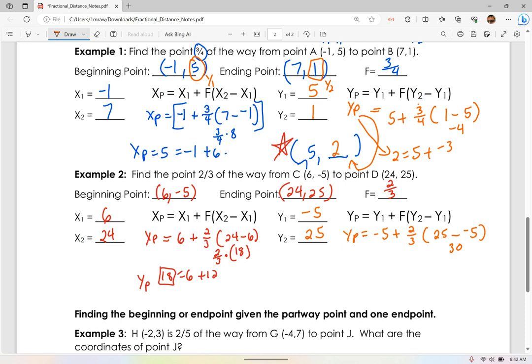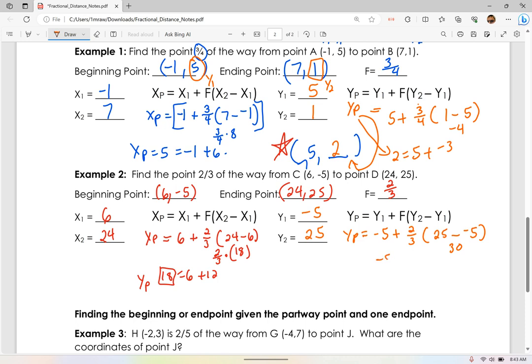So 2/3 times 30, I believe that gives me 20. 2 times 30 is 60. 60 divided by 3 is 20.